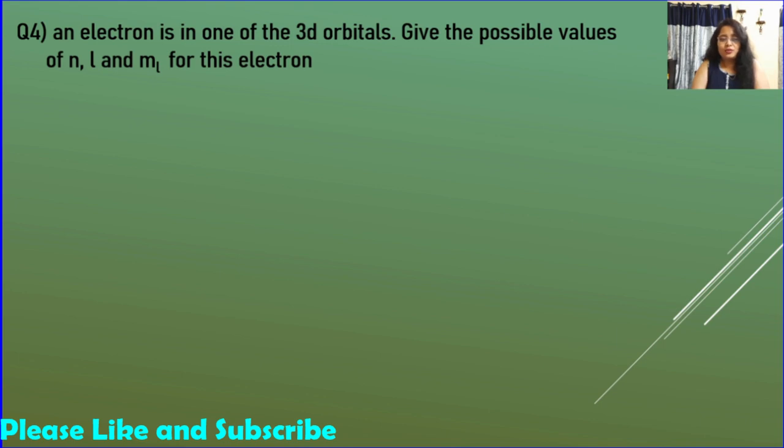One more question we are going to solve is: an electron is in one of the 3d orbitals. They are giving the value 3d orbital. Give the possible values of n, L and ml for this electron.